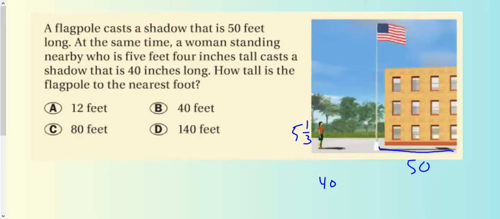I was originally going to try to do everything in feet, and then I just realized that that probably isn't going to work out very well because there are too many things with inches in it. So 5 feet is 5 times 12, which is 60. So 64 inches. The 50 feet shadow times 12 is 600 inches. And the shadow of the lady is 40 inches, so we can just leave that as 40.